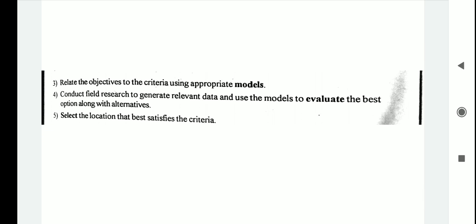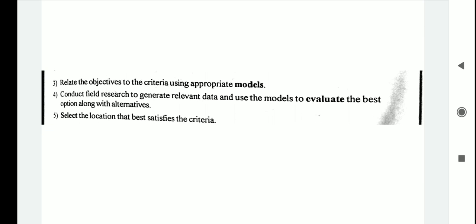Fourth, conduct field research to generate the relevant data and use the models to evaluate the best option among the alternatives. Fifth, select the location that best satisfies the criteria.